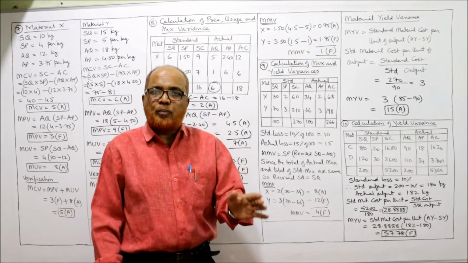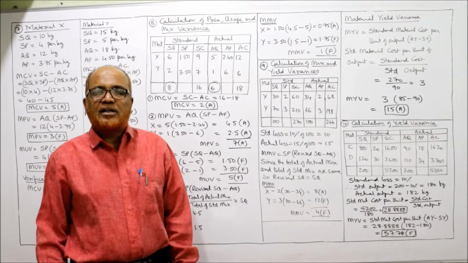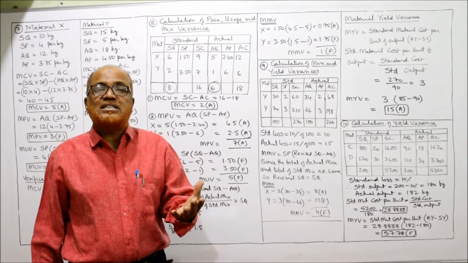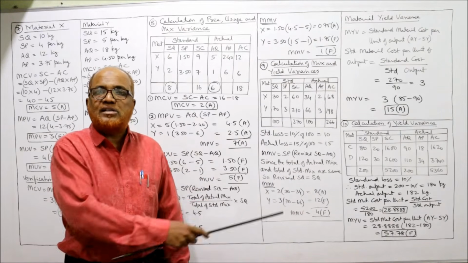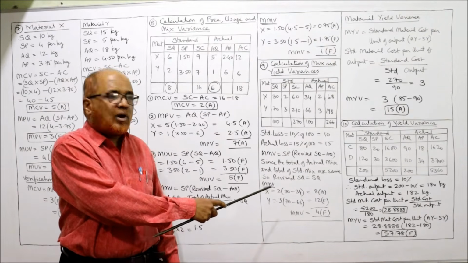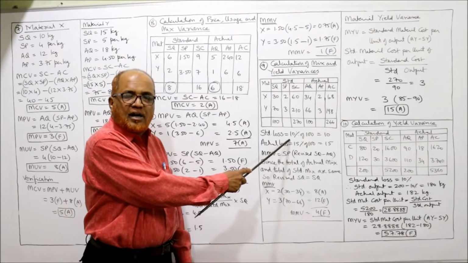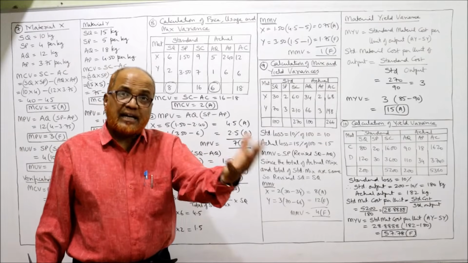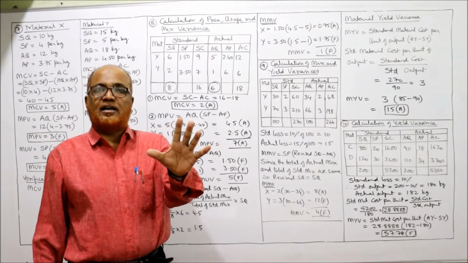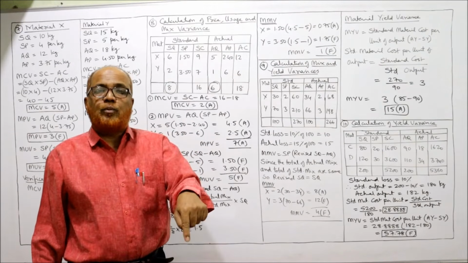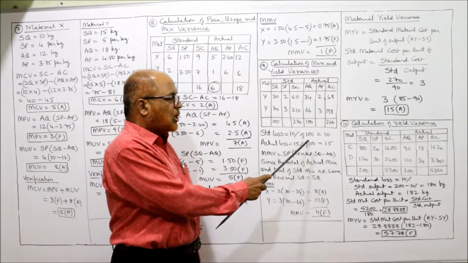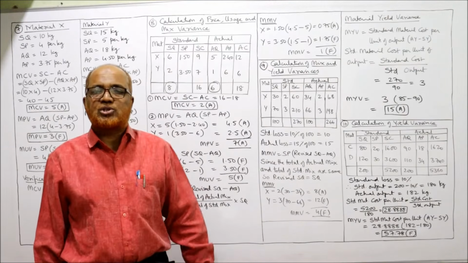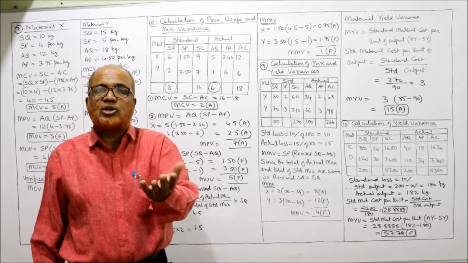Here output is different. The standard output is 90 kilogram. Actual output is 85 kilogram. Because standard loss 10%, if we put in 100 units, you should get 90 kilogram output as standard. Whereas actual output out of 100, 15% was lost. 15 kilogram was lost. That means 85 kilogram actual output.